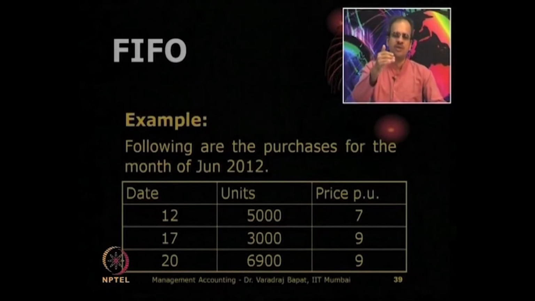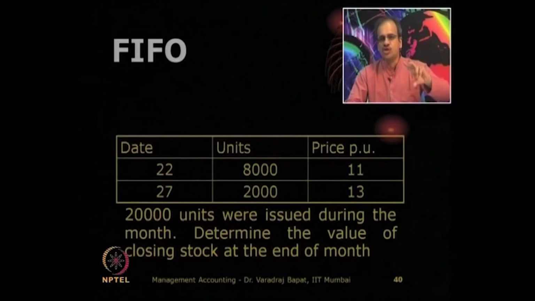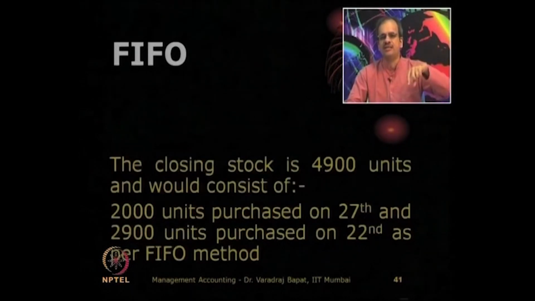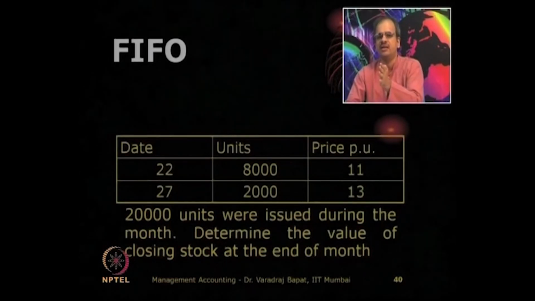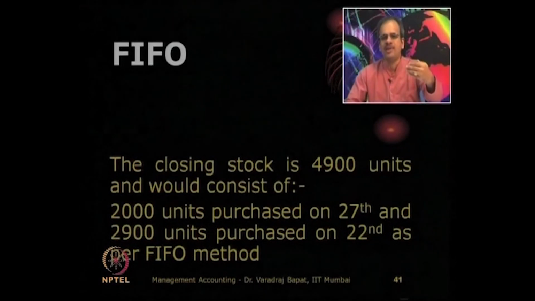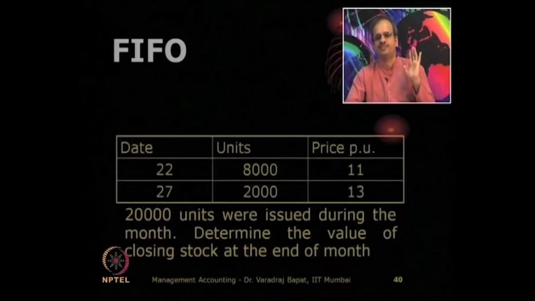So, the purchases of 12th, 17th and 20th have already been issued. What is in stock is from the purchases of 22nd and 27th. Whatever is from the 27th, that is 2,000 units, is all with us, and out of the purchases of the 22nd, 2,900 units are there.